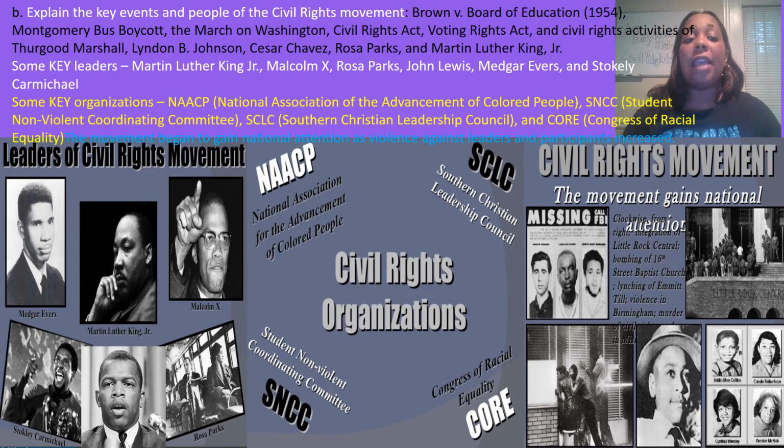The movement began to gain national attention as violence against leaders and participants increased. Some key examples were the blasting of protesters with fire hoses and the attacking of protesters by police dogs, the bombing of the 16th Street Baptist Church, killing 4 young girls who were attending Sunday school, the murder of Emmett Till, the Little Rock Nine, and all that was done to them as they were trying to attend a newly desegregated school, the disappearance of 3 civil rights workers in the summer of 1964.